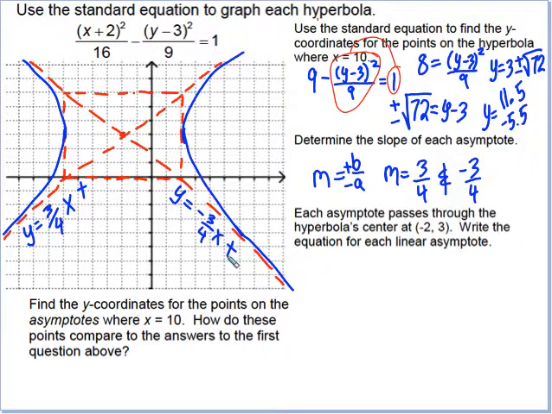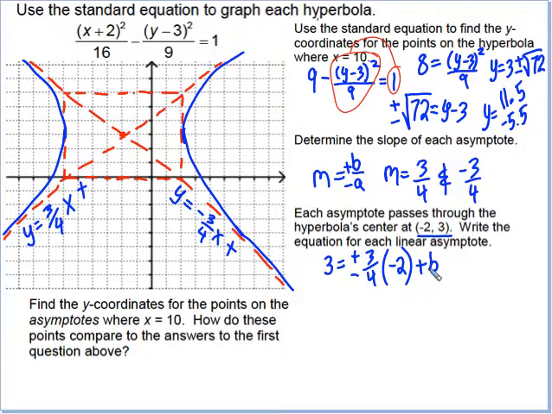So now to find the y-intercept, we know that both asymptotes are going to intersect at negative 2 and 3. So plug those in for your x and y and solve for your b value. So we get 3 equals plus and minus 3/4 times negative 2 plus b. Okay, we want to find our y-intercept.